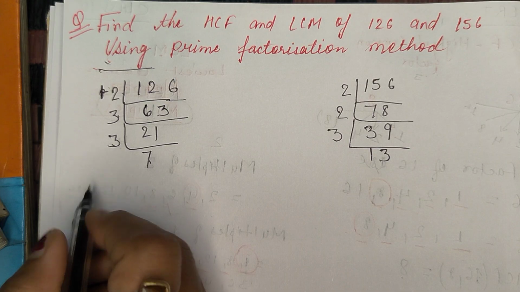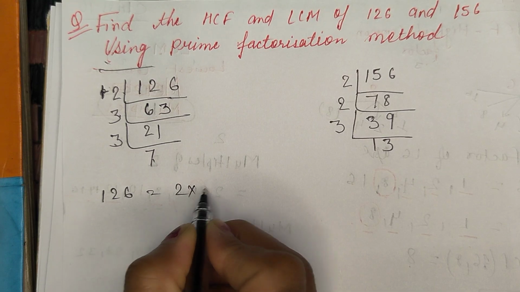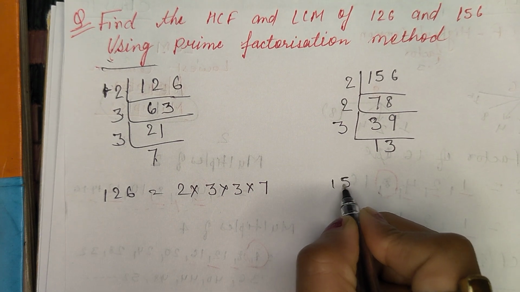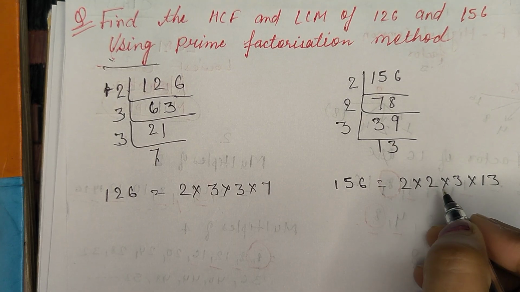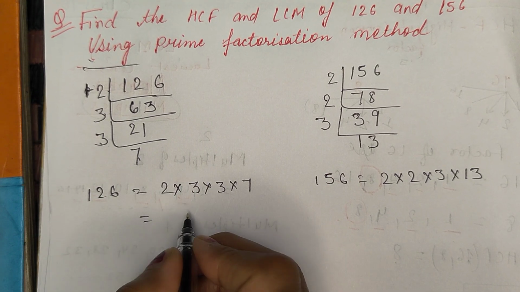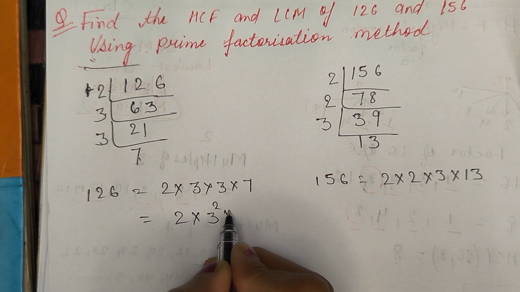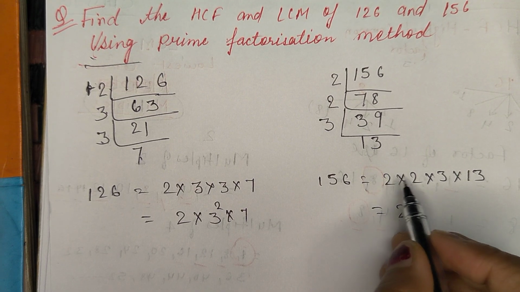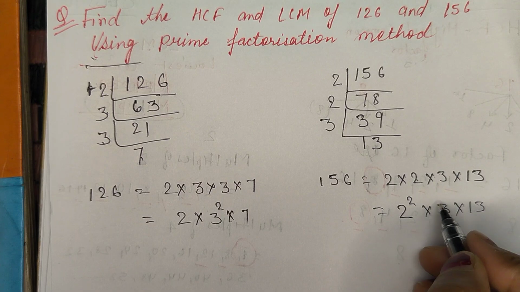Then 156 equals 2 into 2 into 3 into 13. We write these as 2 power 1, 3 power 2 and 7. This is the same method. For 156 we have 2 power 2, so we write 2 squared. 3 is power 1 and 13 is also power 1.